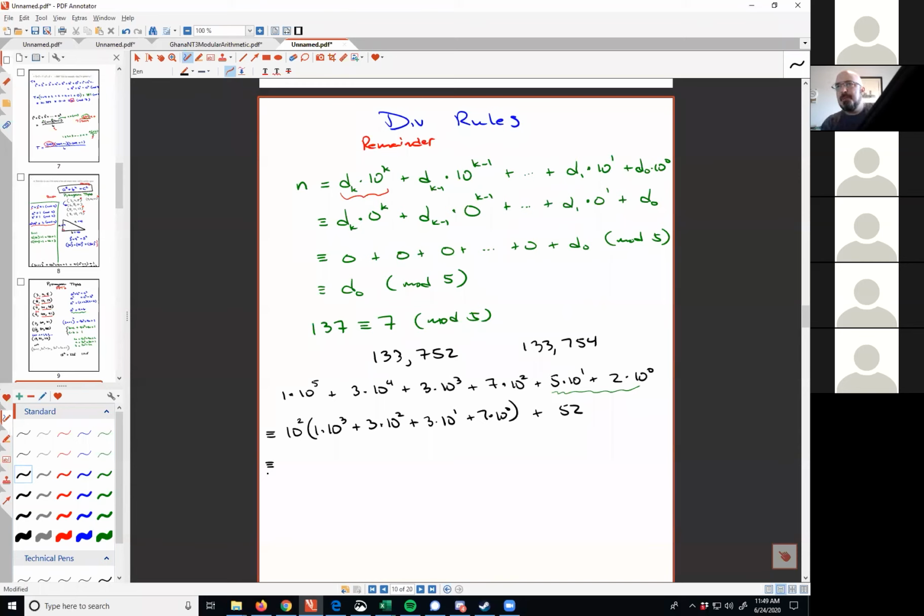Ten squared is 2 squared times 5 squared. And 2 squared is just 4, so that's 0 modulo 4.